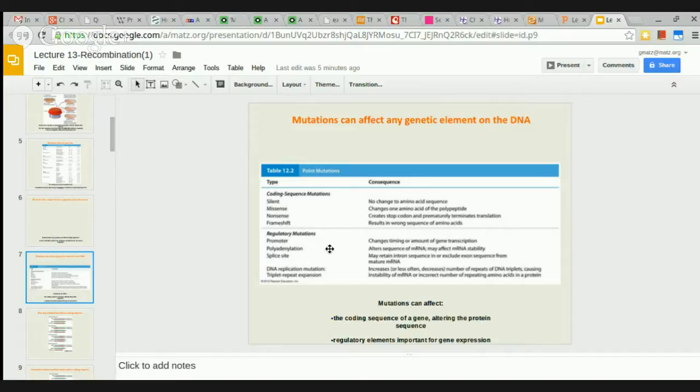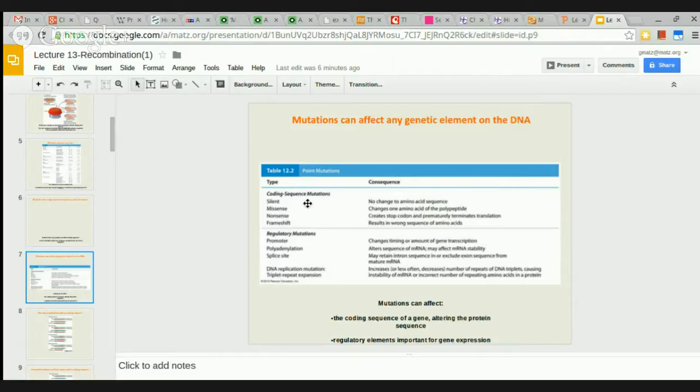So in the coding sequence mutations, I'm going to show you examples in the next slide. Some are very much silent, and so simply there's a nucleotide change that doesn't change the amino acid at that position because the code is degenerate. We still talk about the mutation though. It's a change from wild type. It's just the protein is not changed. So of course these don't have any effect on the phenotype.